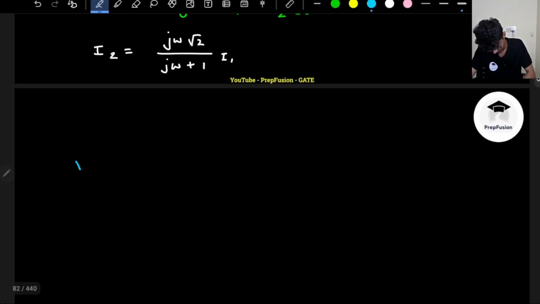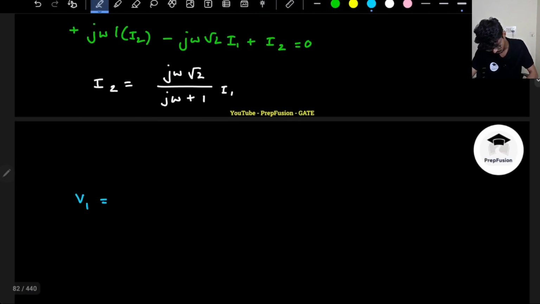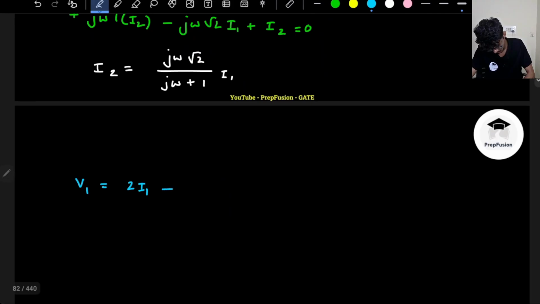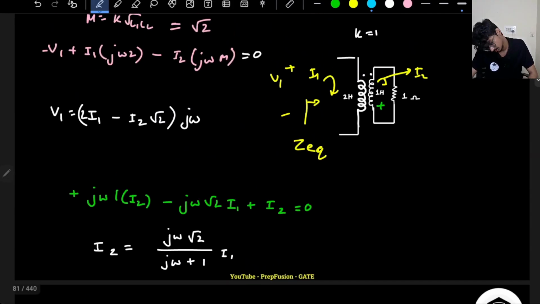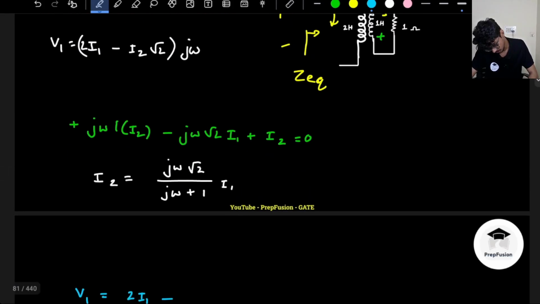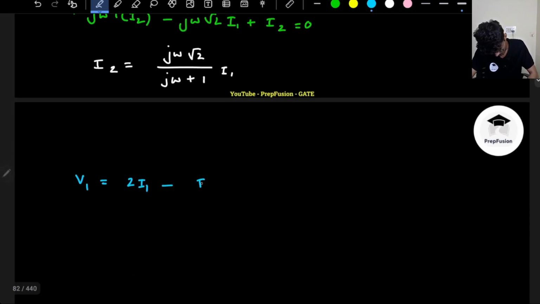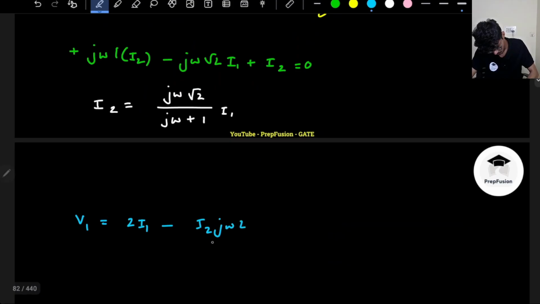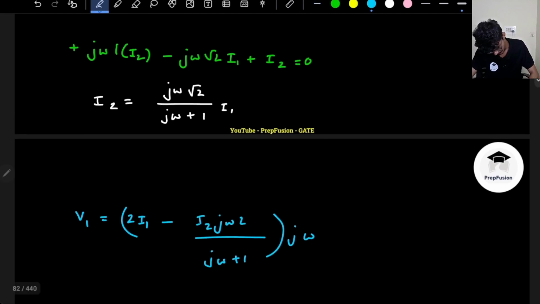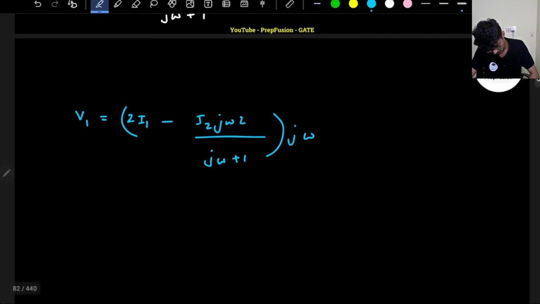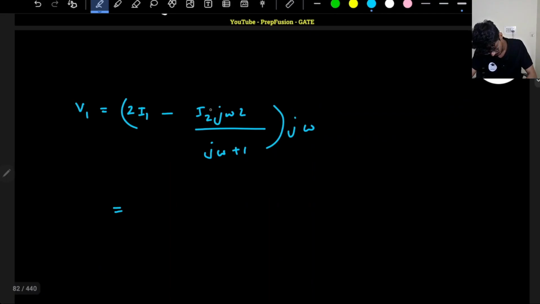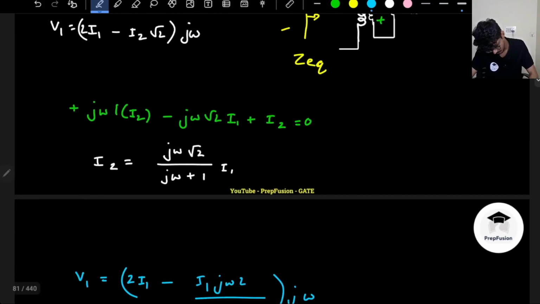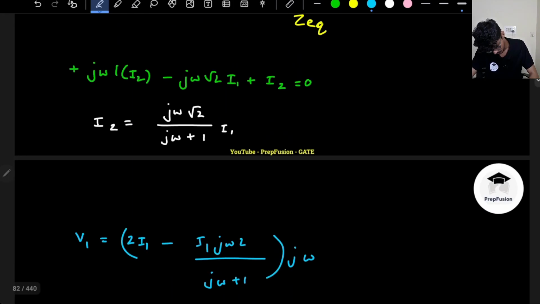So this will be V1 equals 2I1 minus I2 into root 2. So this will become j omega 2 divided by j omega plus 1 into j omega, which is already there outside. We will multiply that later. So this will not be I2 actually, this will be I1 now, because I've converted this into I1. I1 j omega root 2 over j omega plus 1.